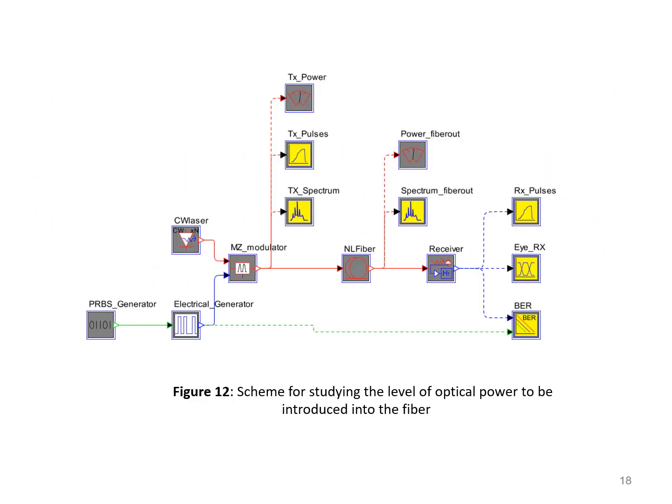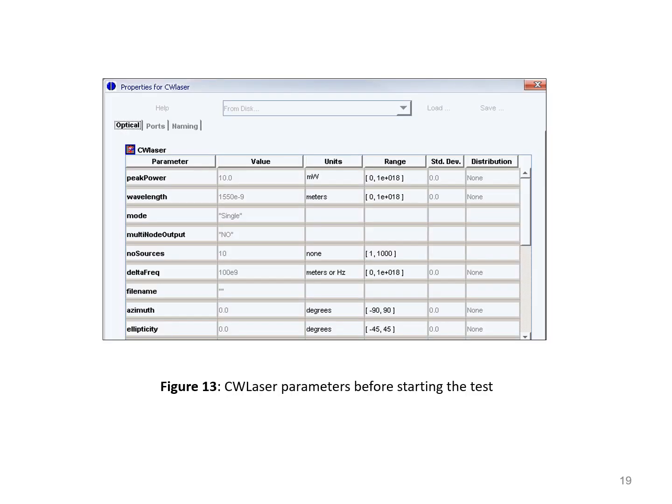This schematic was used to study the power level to be input to the dynamic optical operational storage device. The initial parameters of the signal source are as follows.